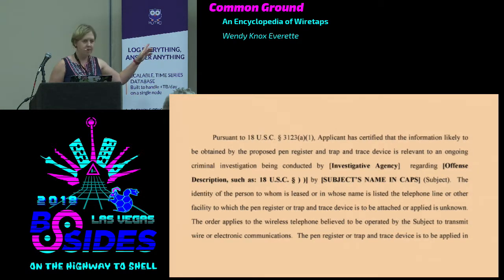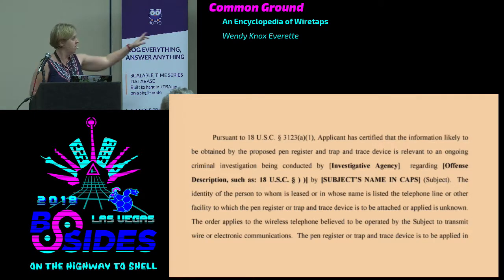And then a lot of this ties on identity. We want to make really sure that we're getting the right phone line that we're going to tap here. We have to say the identity of the person to whom the telephone line or other facility to which the pen register or trap and trace is to be applied is leased or in whose name it is listed. They either say it is unknown or they tell us that they have the name. It's almost always unknown. And then we have to say the order applies to a telephone believed to be operated by the subject.